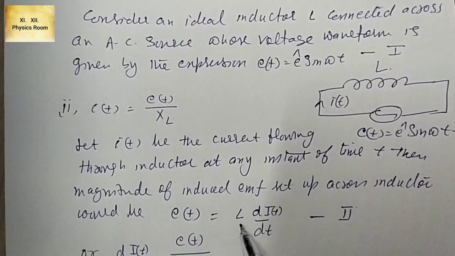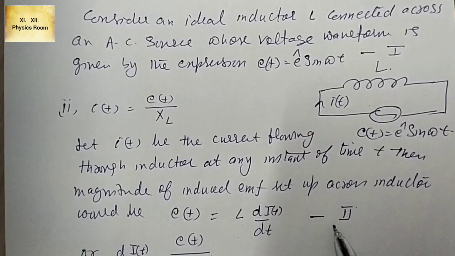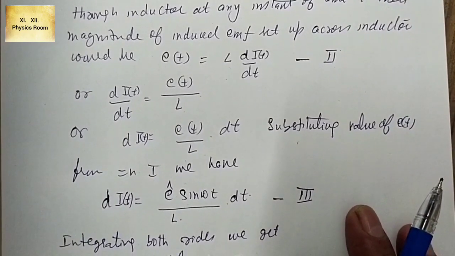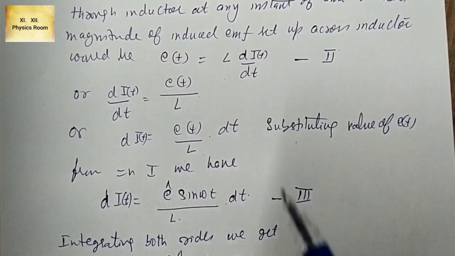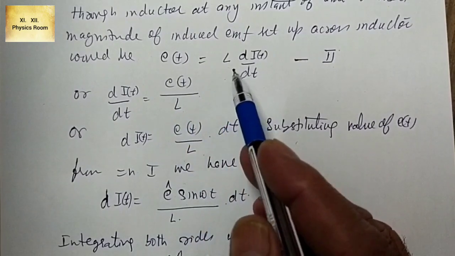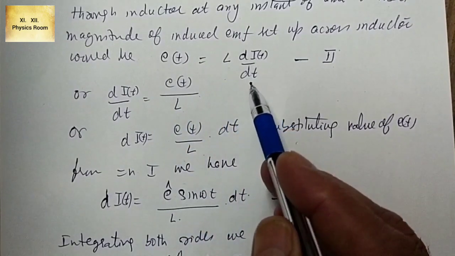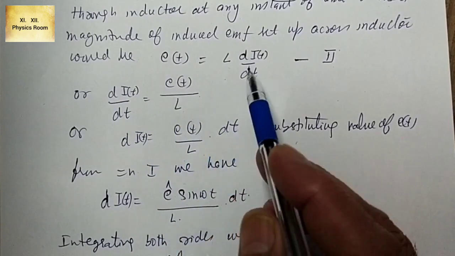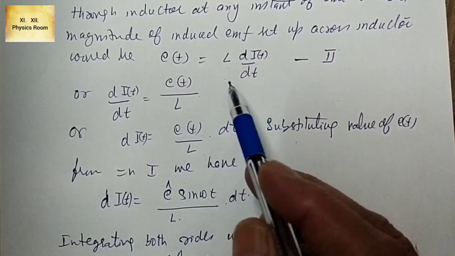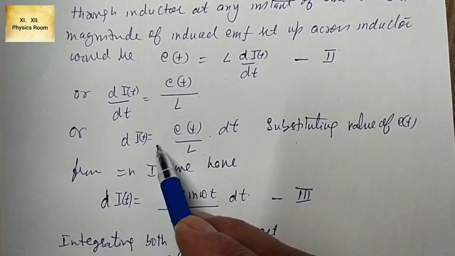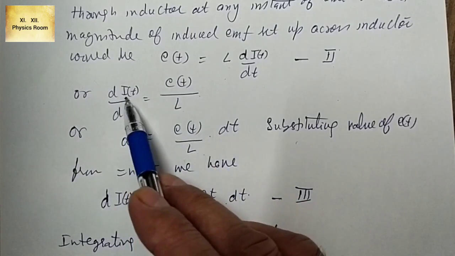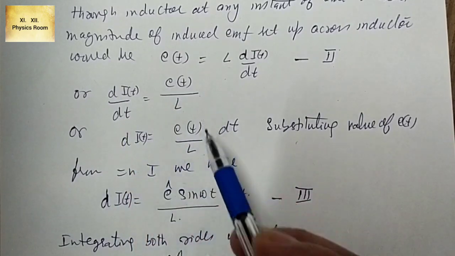Let us mark it as equation number 2. We find out di by dt. Di by dt is equal to E(t) by L, so di is equal to E(t) by L into dt.